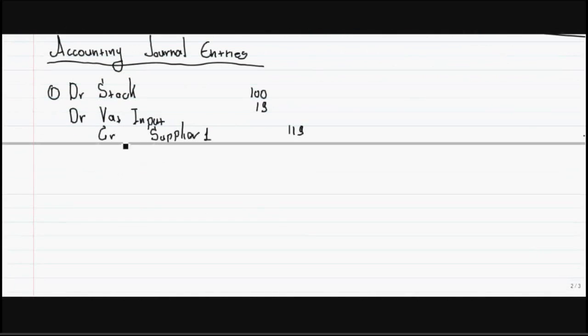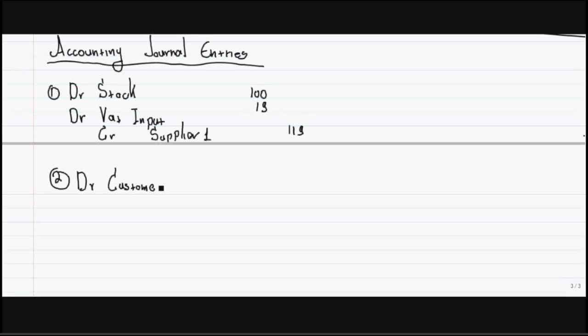Now let's move to transaction number 2. We sell the item from transaction number 1. So someone needs to pay us. This is a customer. Let's name this customer number 1.